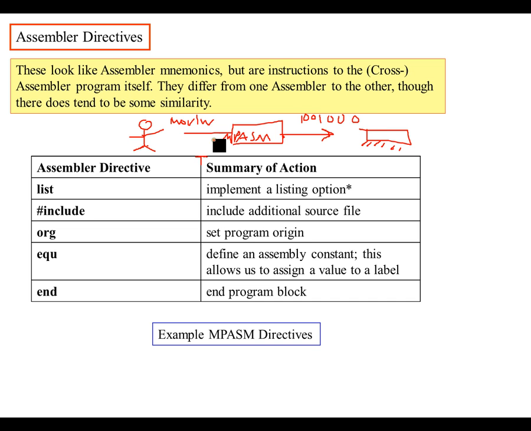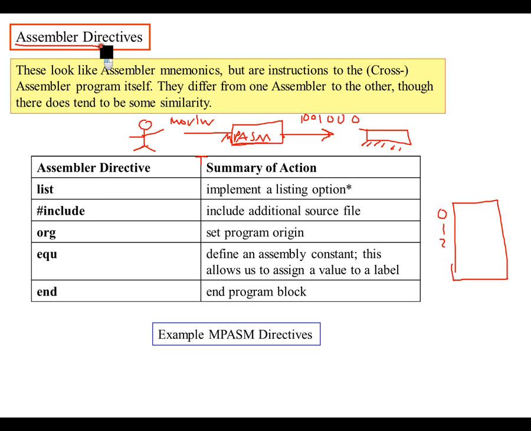But there are other things we may want to tell the assembler, like the part number of the chip you're using, things like that. Like where do you want to start your program code? If you have your code in memory, where do you want to start the code execution? When do you want to end the program? Those are called assembler directives.